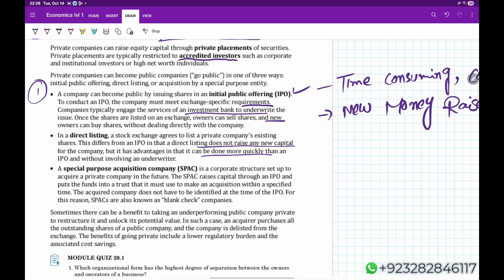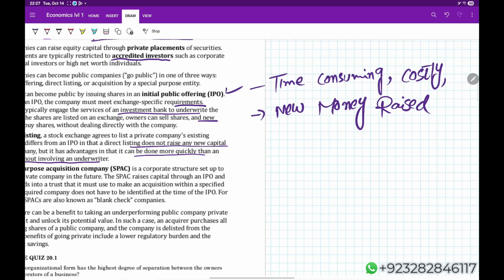Just the existing number of shares are being listed. So remember this point: no underwriter, it's very quick, and no new shares are issued.